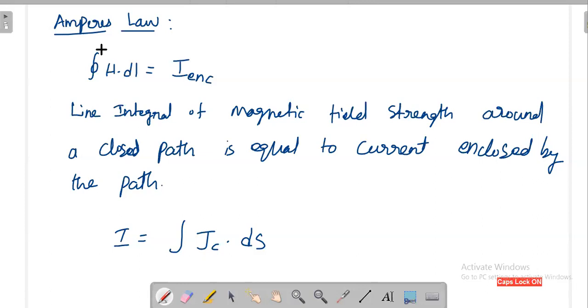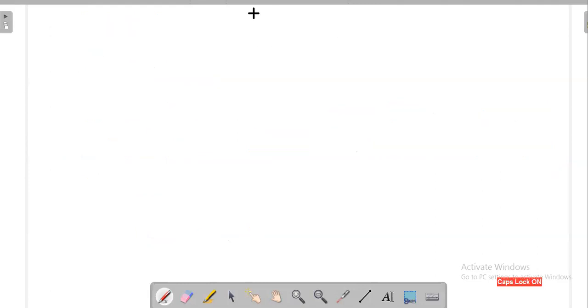Before going to that application, we'll illustrate something more here, how this formula actually works. I take an infinite line carrying current I. Now I have to form a closed line.